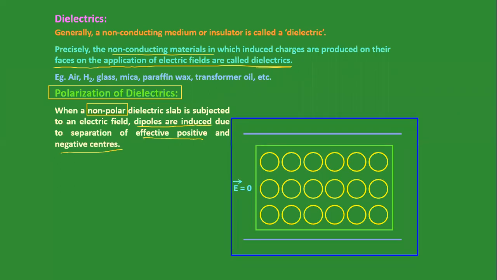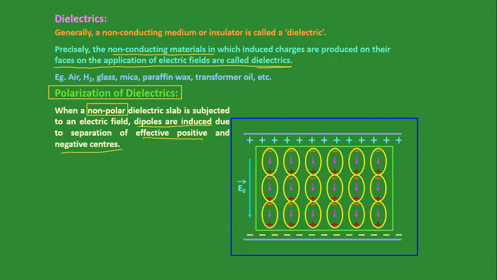So this is a positively charged plate, this is a negatively charged plate. In between, this dielectric material is there, and it is a non-polar dielectric. Here we highlighted this word, non-polar.